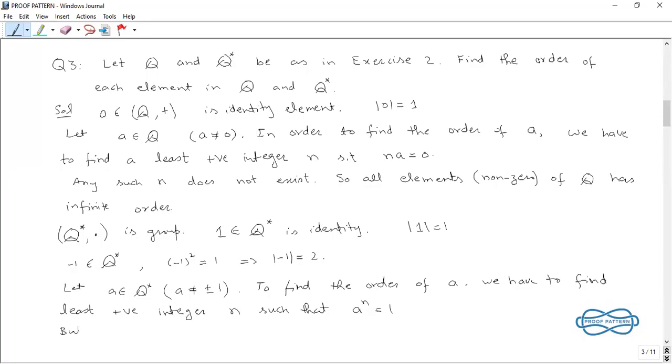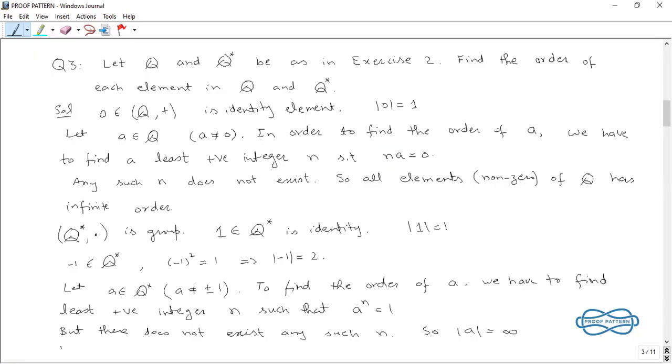But there does not exist any such n, so the order of A is infinity.